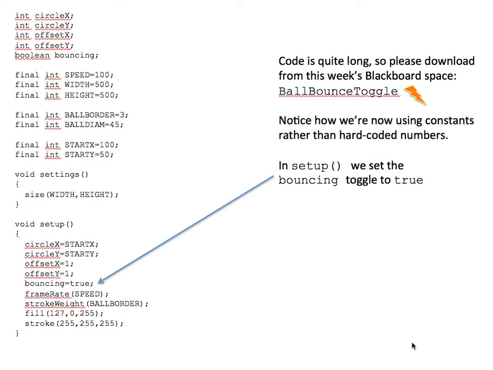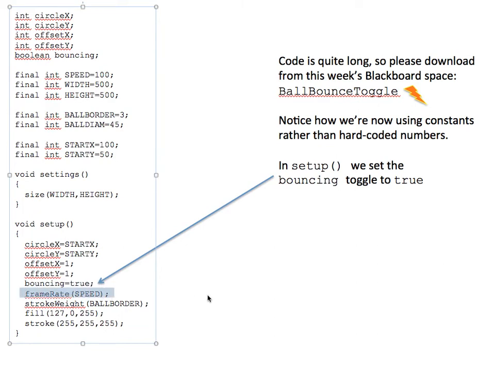So here's the full code, and it's quite long. It goes over 2 slides, so you can grab it from Blackboard. You'll notice again how this time we follow very good software engineering practice. We use constants, and this time we have a speed constant, and this is used to set the frame rate for the application.